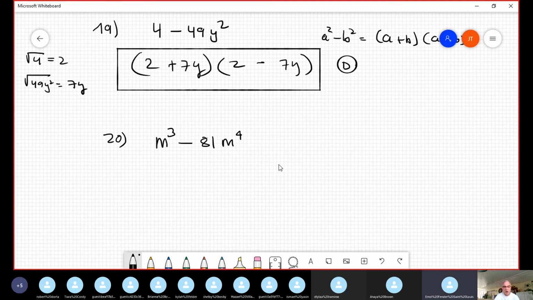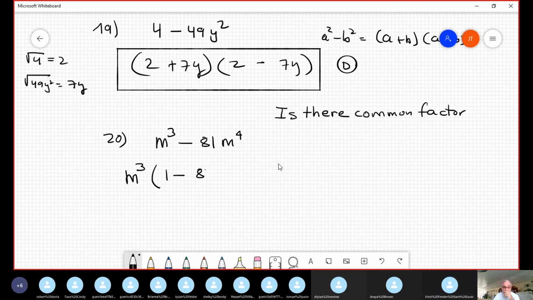Totally wrong, because you forgot something important. Is there a common factor? Suppose yes. But how many? Only 3, because you take the smaller exponent. So 1 minus 81m. Yes or no?